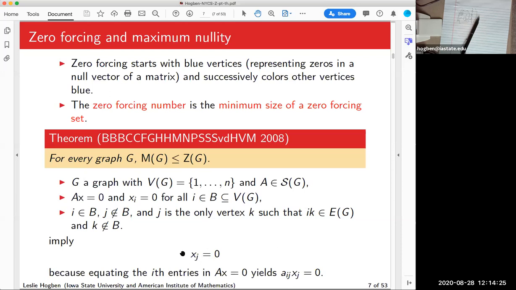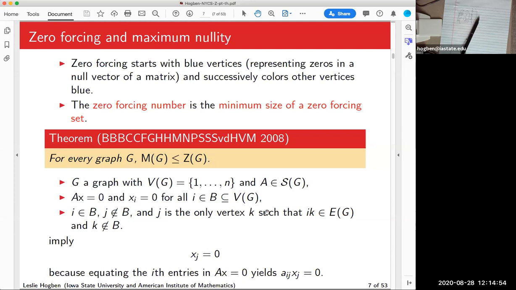You're only going to have the entry a_ik be non-zero when k is a neighbor, and in that case we know x_k is 0 if it's not j. And the ith entry of the diagonal term is already 0 too. So we are literally forcing zeros in a null vector.